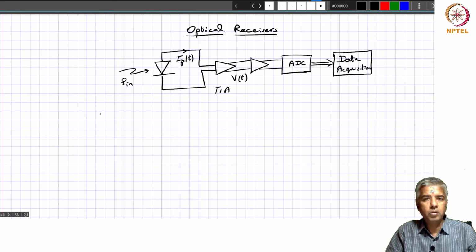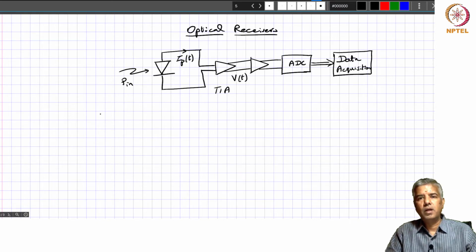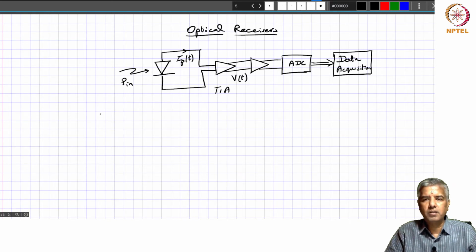So to break that further, you need to say, okay, for a given optical power, what is the corresponding voltage that you are generating, and then in the process of generating that voltage, maybe you have a certain noise that you are accumulating in this receiver. So you need to quantify that noise as well.